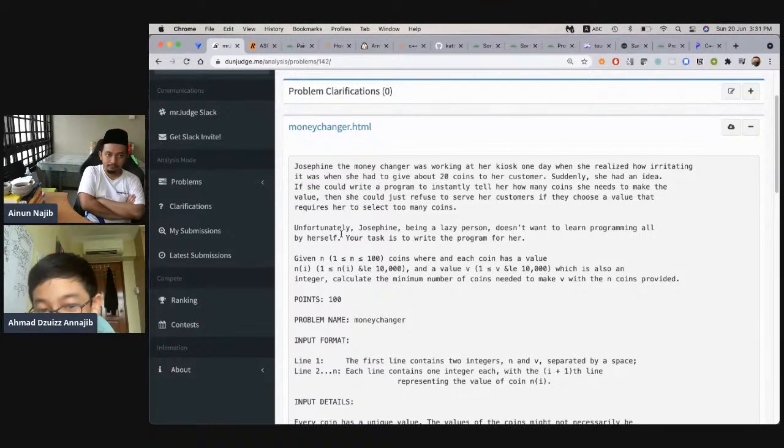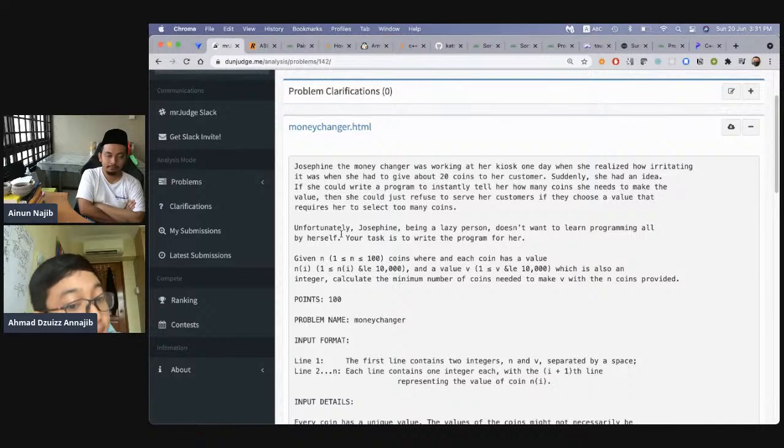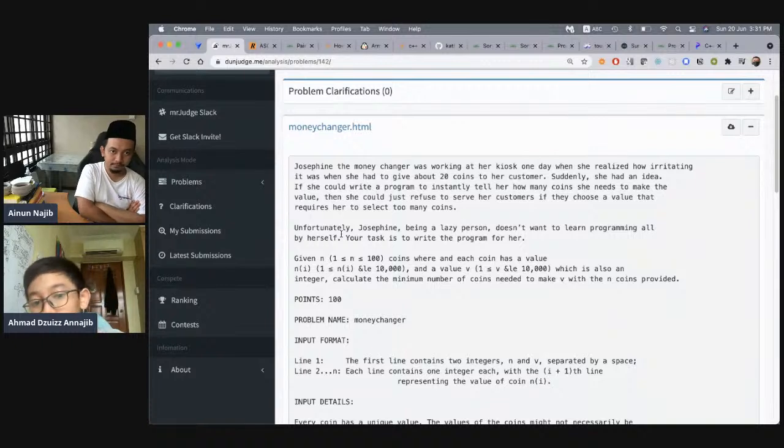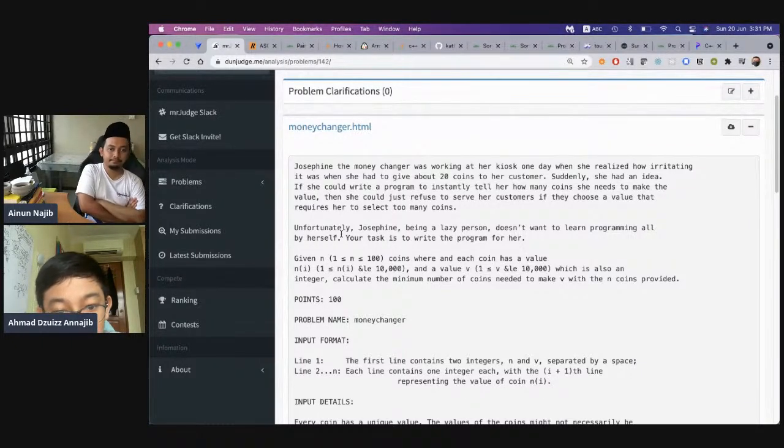Given n coins, where each coin has a value, and a value v that is also an integer, calculate the minimum number of coins needed to make v with the n coins provided.